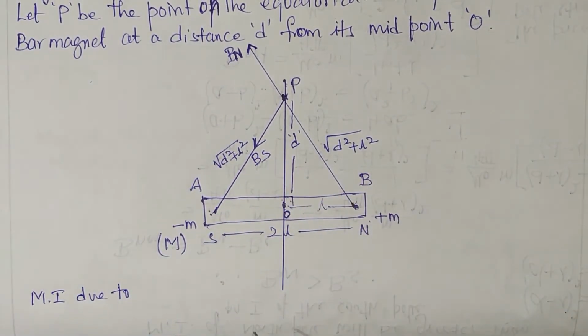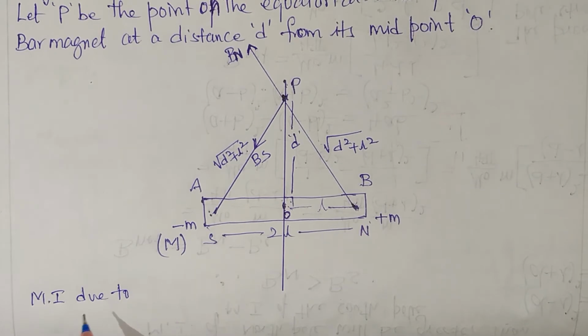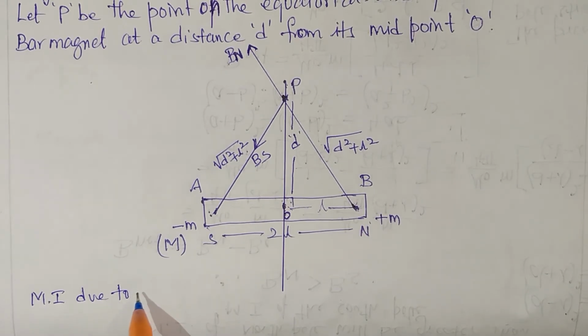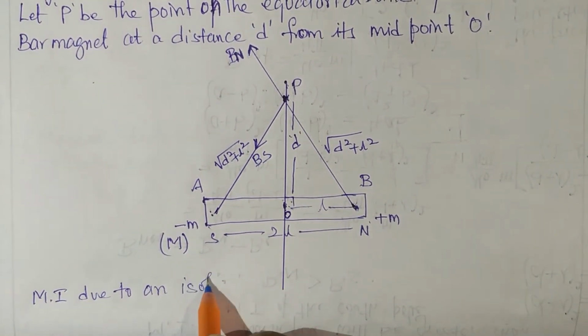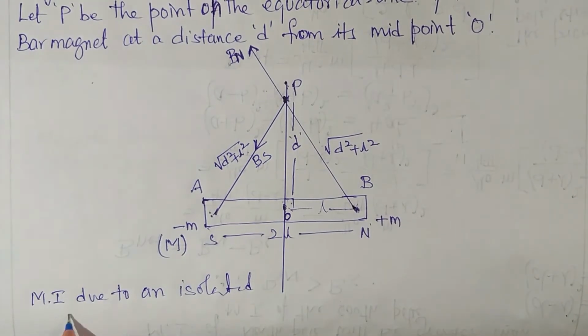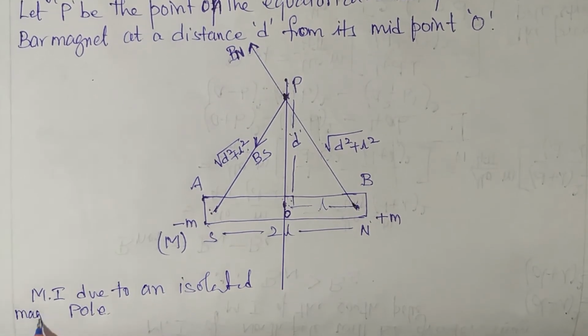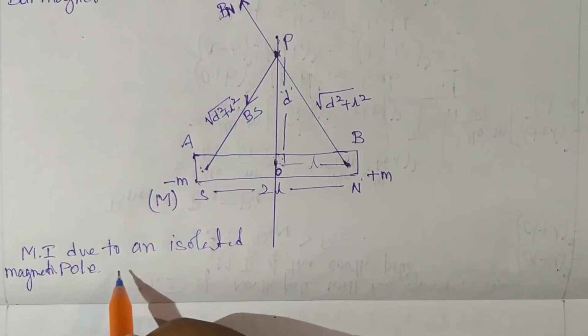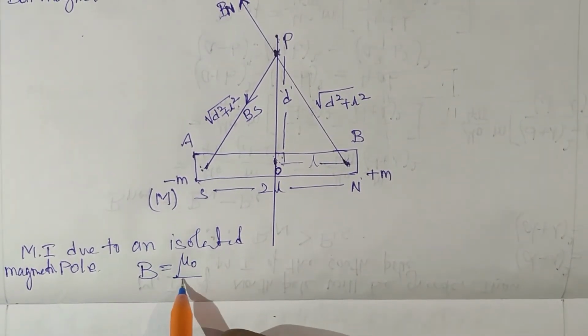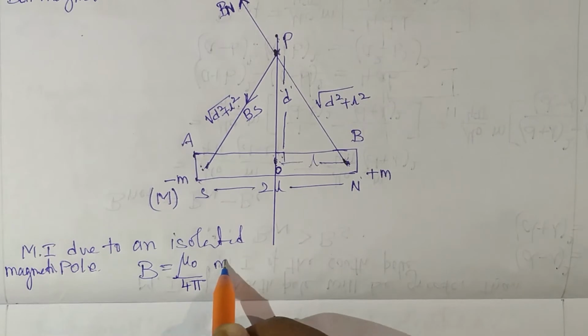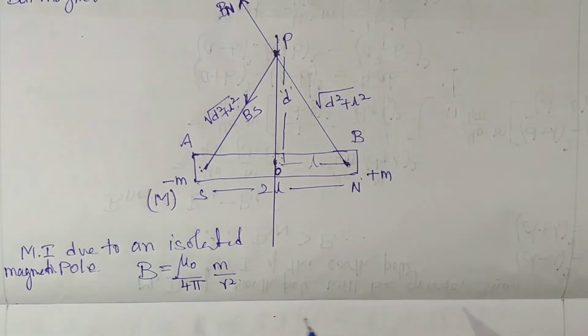Earlier we have studied that the magnetic induction due to an isolated magnetic pole is B equal to mu naught by 4 pi into M by R square.